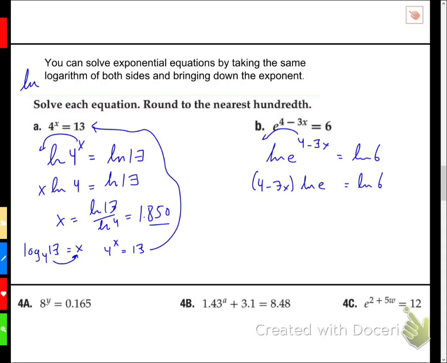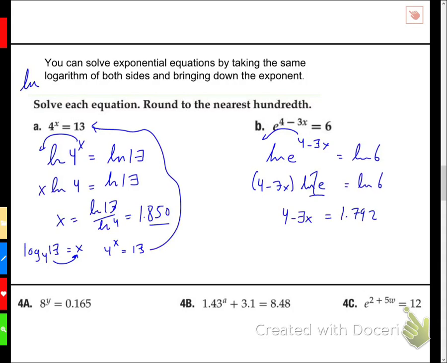That should cancel out and make 1. Cool. It disappears entirely. So now I just have equals ln of 6. I want to find what ln of 6 is. That's an irrational number. So I need ln of 6. That's 1.792.